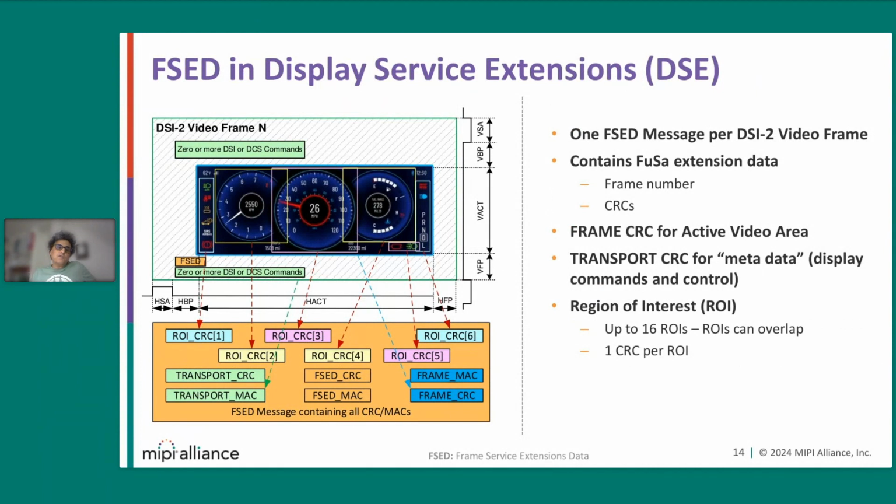Maybe this is one specific region of interest, this is another one, and this is to increase the diagnostic coverage. So maybe there is a different level of handling of transmission error when we are in a very relevant safety-specific region of interest than if it is, I will say, user interface data. That's why we protect specifically each region of interest.